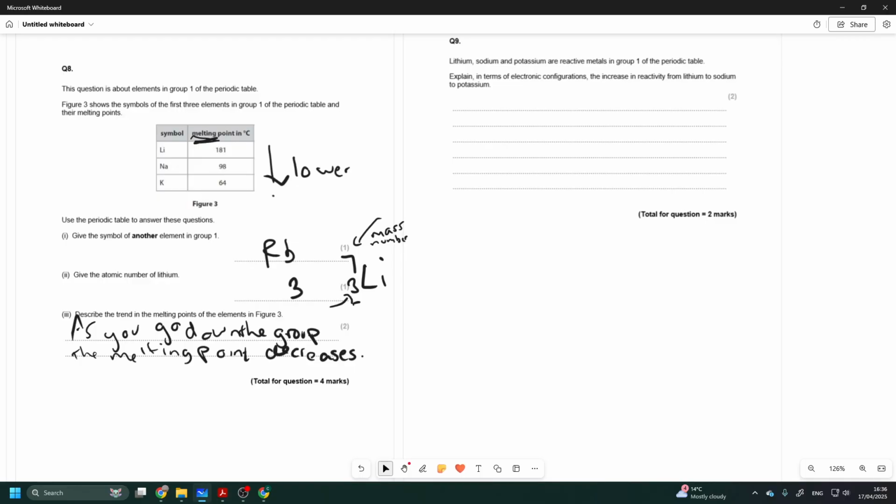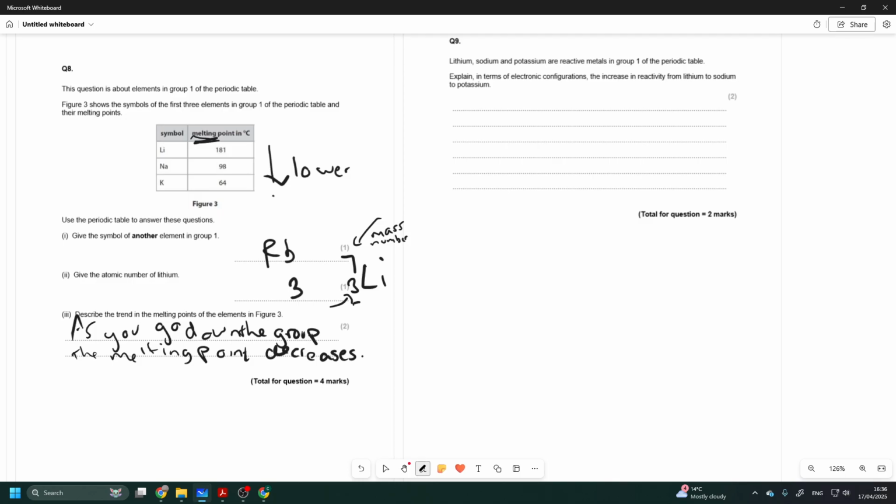Right, next. It says lithium, sodium, potassium are reactive metals in group 1 of the periodic table. Explain in terms of electronic configurations the increase in reactivity from lithium to sodium to potassium. We've already kind of answered this.